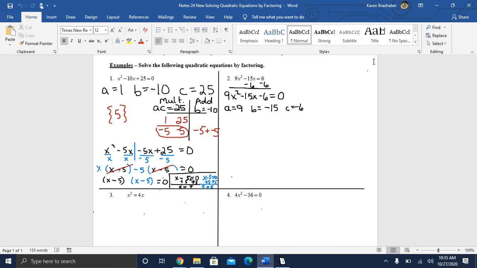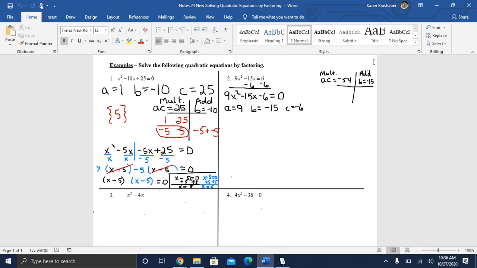And so again, I'm going to make a chart. I want to look for what will multiply to my AC. My AC is 9 times negative 6, so negative 54. And add to B, which is negative 15.